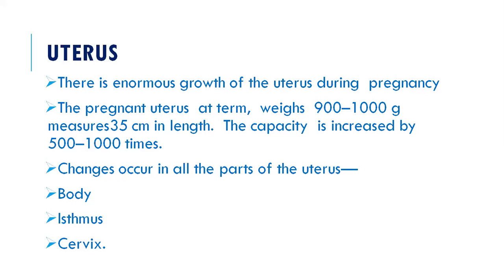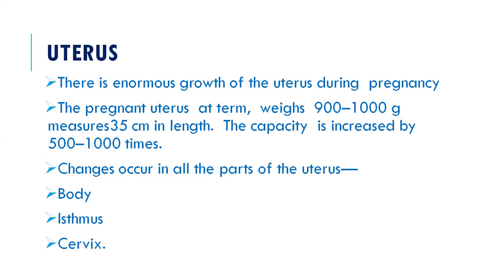It measures around 35 centimeters in length, whereas the non-pregnant uterus measures around 7 to 9 centimeters in length. The capacity is increased by 500 to 1000 times. These changes occur to accommodate the growth of the fetus.